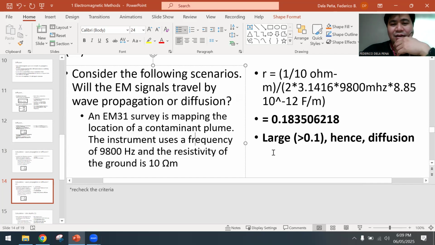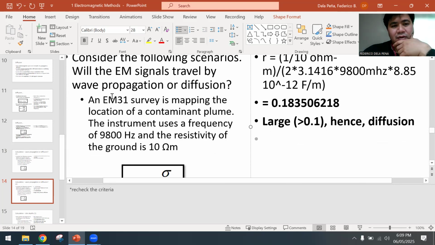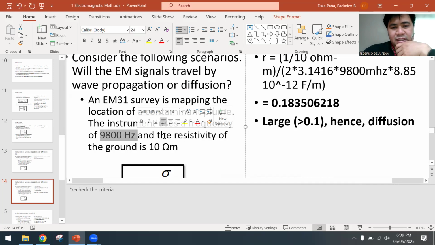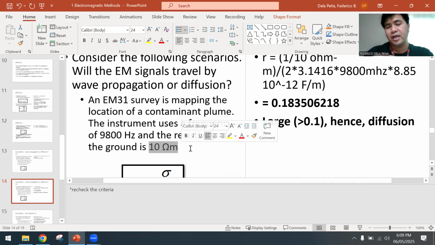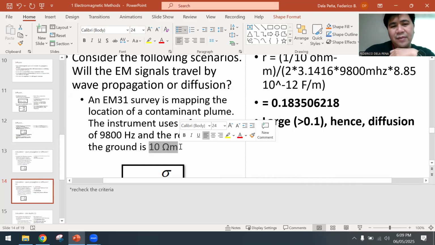So it's essentially a pseudo monopoly of equipment. The example is you have an EM survey mapping a contaminant plume. The instrument has a frequency of 9,800 hertz, and the ground has a resistivity of 10 ohm meters. This resistivity value is typical, I think, for clayey soils.